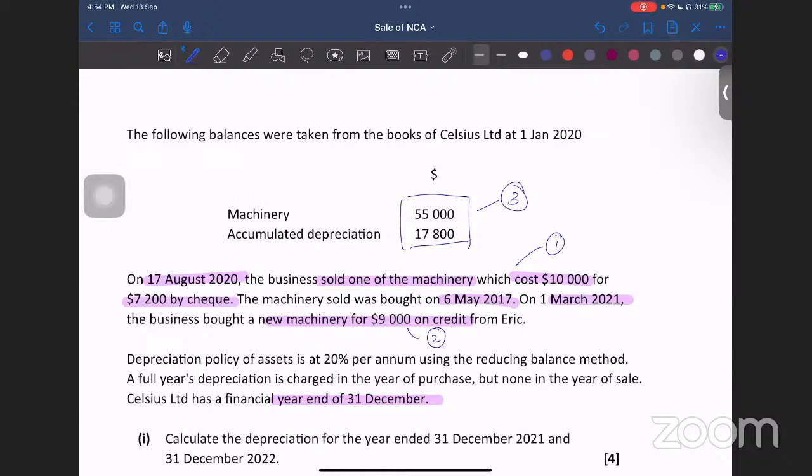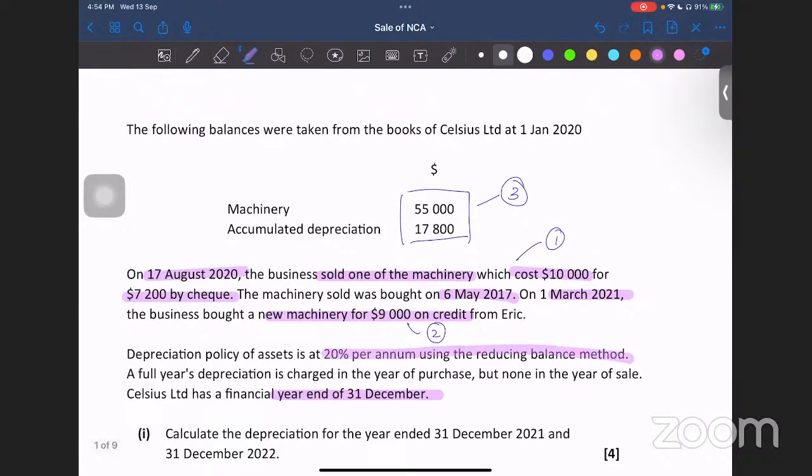That means I will also have to craft out three tables. Here our depreciation policy is 20% using reducing balance method, full year depreciation charge in the year of purchase, none in the year of sale. If this sentence comes out, you should be happy because we don't have to prorate. It means that in the year that we buy, regardless of how many months we use, we will still depreciate one full year.